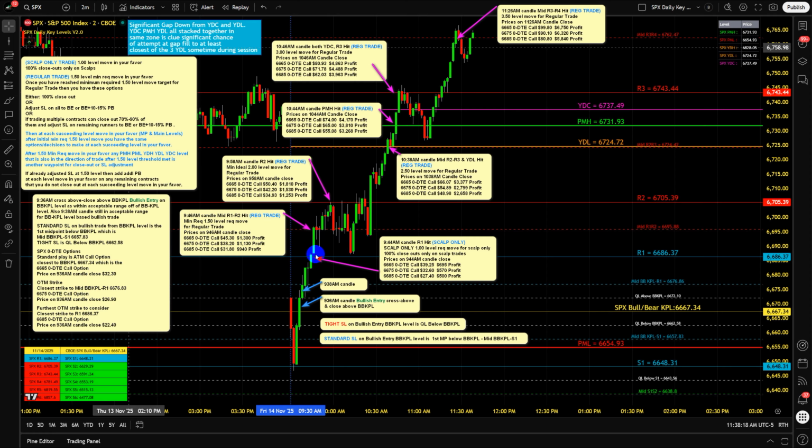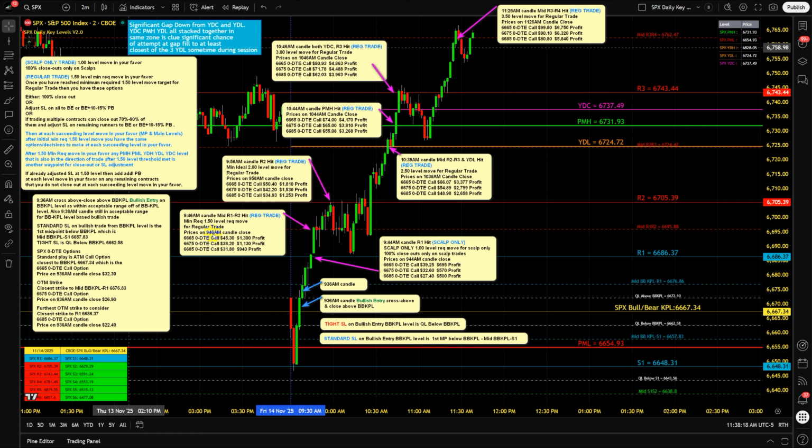Okay, so the very next candle, as you can see, we hit mid R1, R2. That is the 1.5 levels from the level we're taking the trade from. That's one level, now another half level. So this is the minimum required 1.5 level move for a regular trade. So this is where you have all of these different options now as to what you can do of your choice.